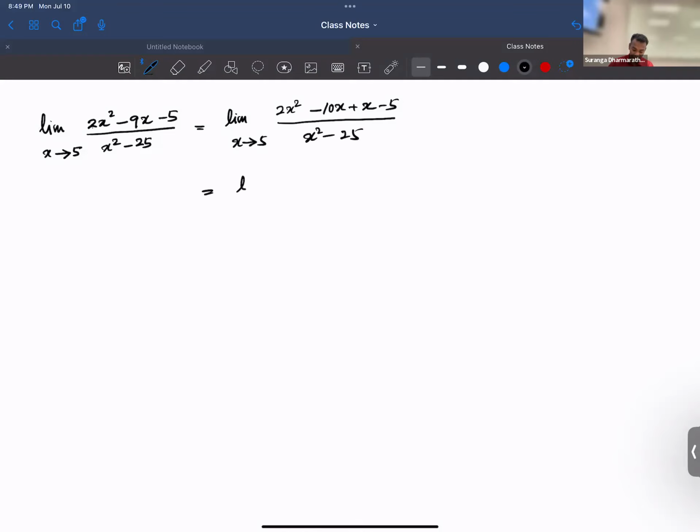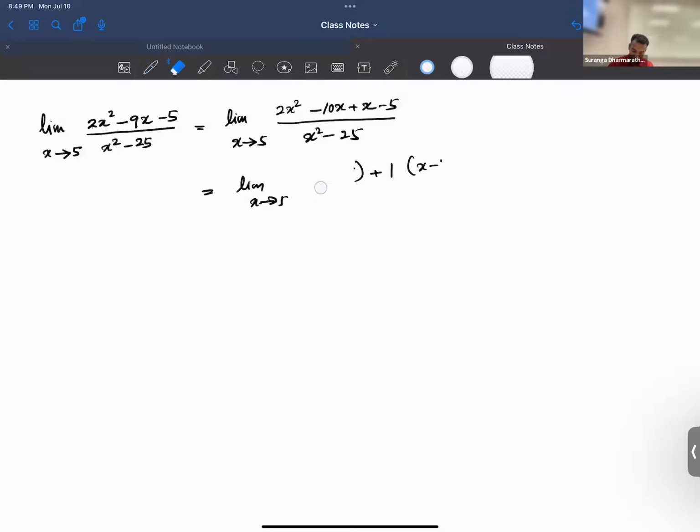And then you have limit x goes to 5. Then I can factor this out, 2x, 2x minus 5. I took x out for the first two terms, and then take 1 out from this. Oh no, I had to take 2x.